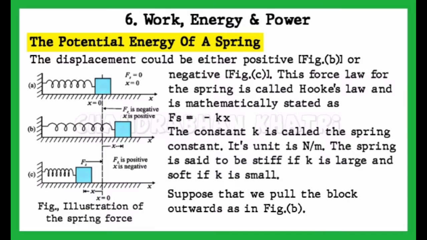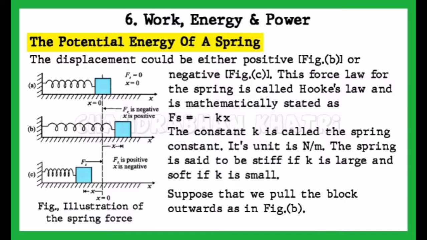The constant k is called the spring constant. Its unit is Newton per meter. The spring is said to be stiff if k is large and soft if k is small.